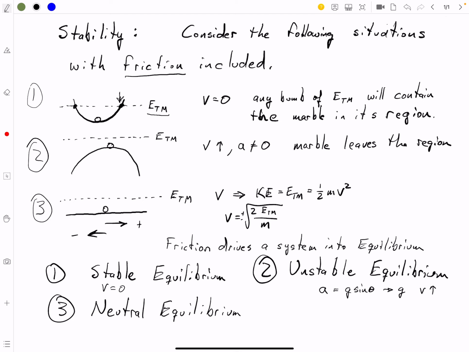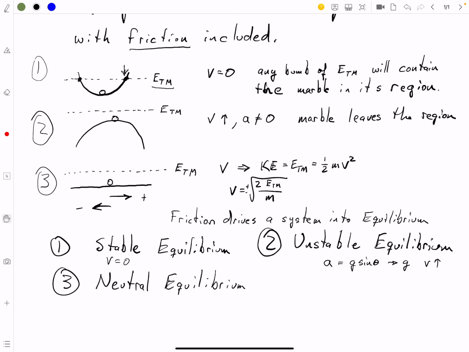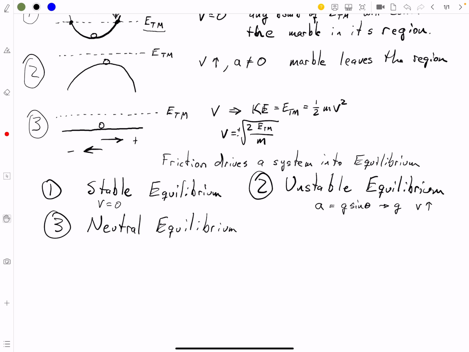In our neutral situation, this one's kind of almost the most interesting. In the neutral situation, friction not only slows us down, so we don't accelerate, okay, of course, because there's no force, we'll talk about why.